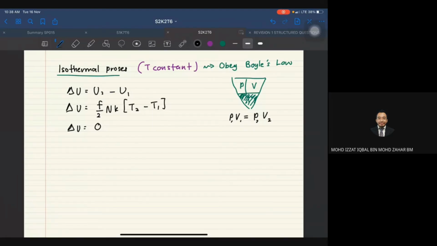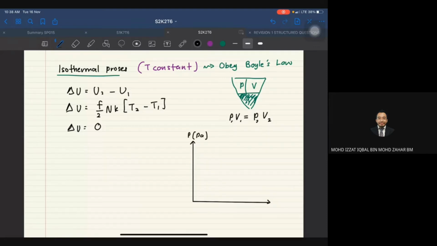And the most important thing other than this is that you have to understand the graph of PV. So for this one, the PV graph will look something like this. Biasanya kita label P, depends on the given unit.